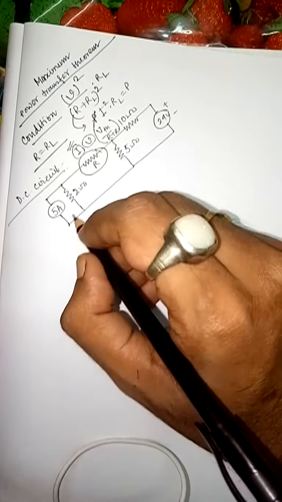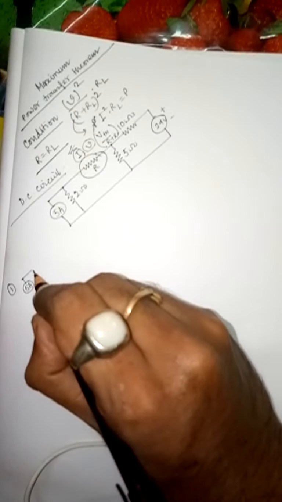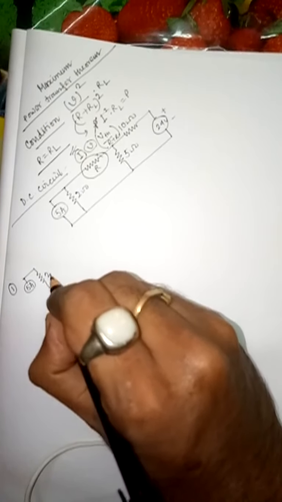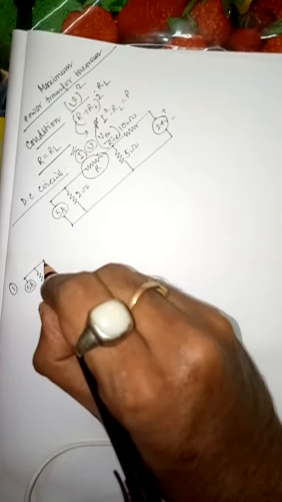If you are using Norton's theorem, what is step number 1? In step number 1, first of all you have this as 5A, this is 2, just make it open first, and that is 5, that is 10, that is 2.4 amps.